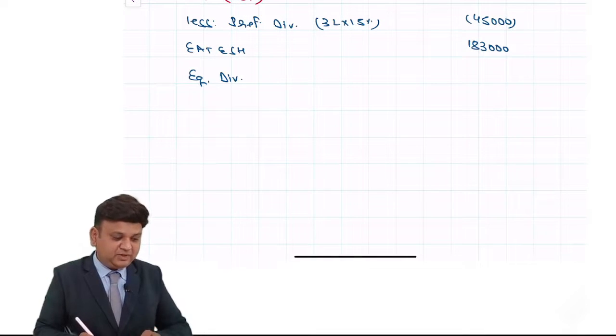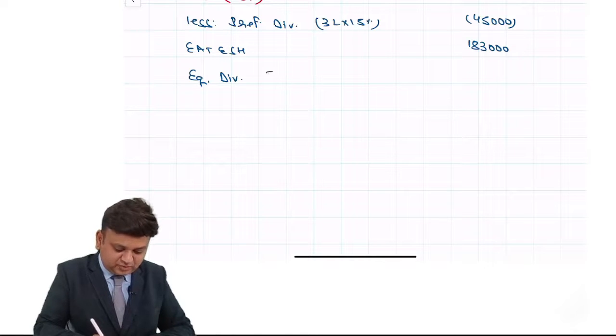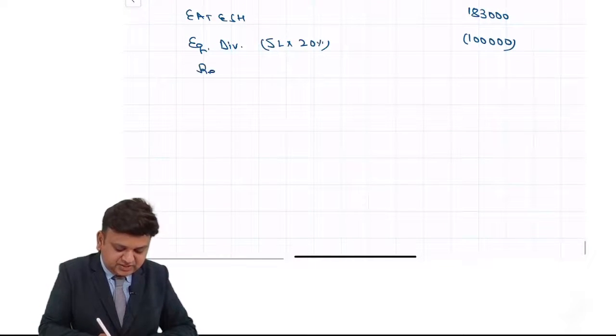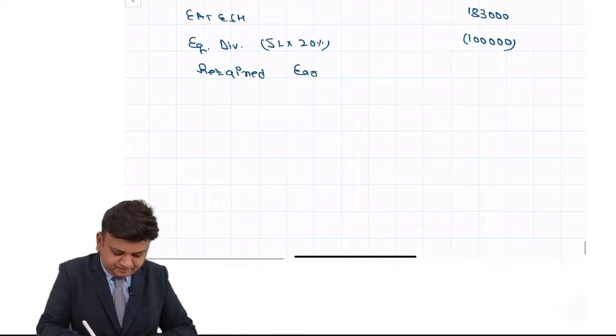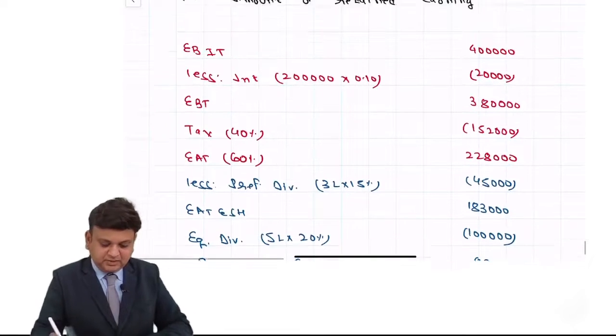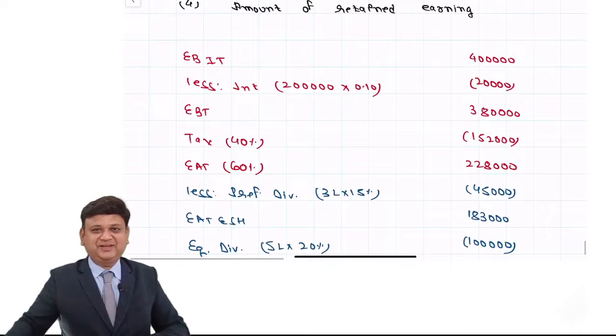Amount of equity dividend is 5 lakhs into 20%. That is 1 lakh. So this is retained earning, an amount of 83,000. Please write down the answer. Amount of retained earning.